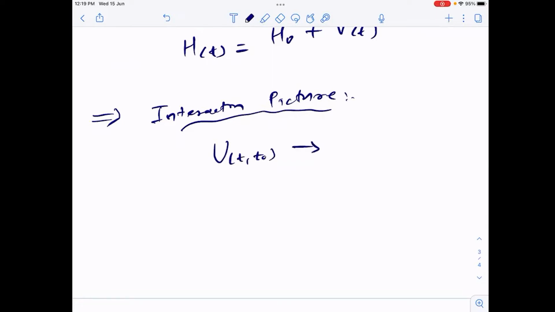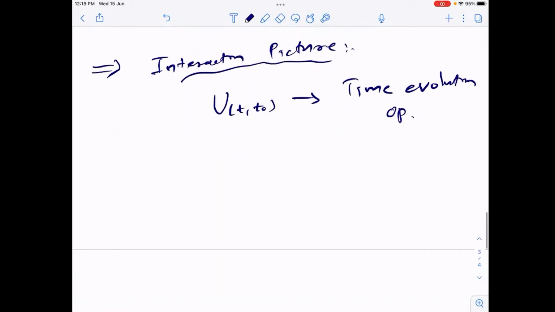What is that operator? We call it the time evolution operator. It's a unitary operator, right? So we can write this time evolution operator in the interaction picture in this way: U(t,t0) is equal to U0(t,t0) into UI(t,t0).